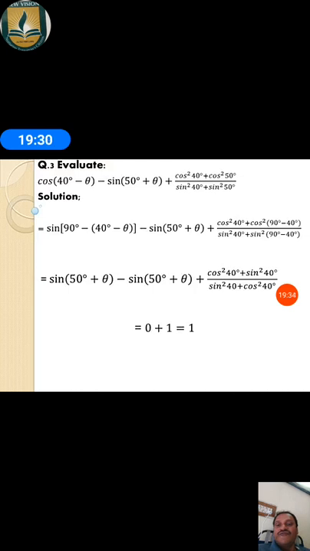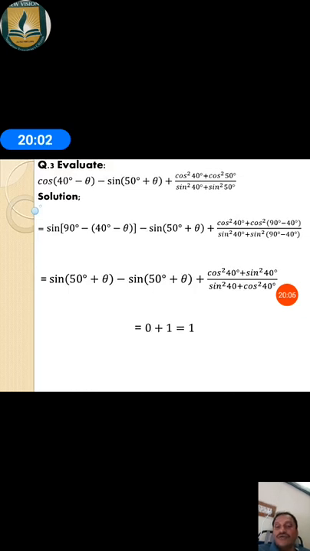Cos(40 degrees minus theta), we can write it as sin(90 minus (40 degrees minus theta)), because sin(90 minus a) is equal to cos a, where a equals here 40 degrees minus theta, minus sin(50 degrees plus theta) plus cos square 40 plus cos square 50 degrees; we can write 50 as 90 minus 40, and the denominator sin square 40 plus sin square(90 minus 40), because 50 we can write as 90 minus 40.